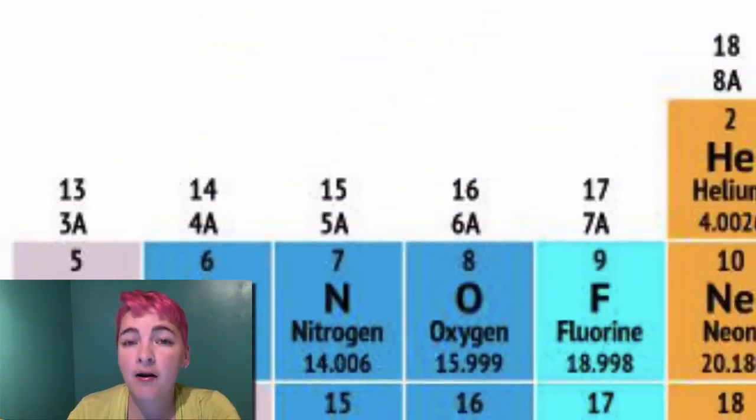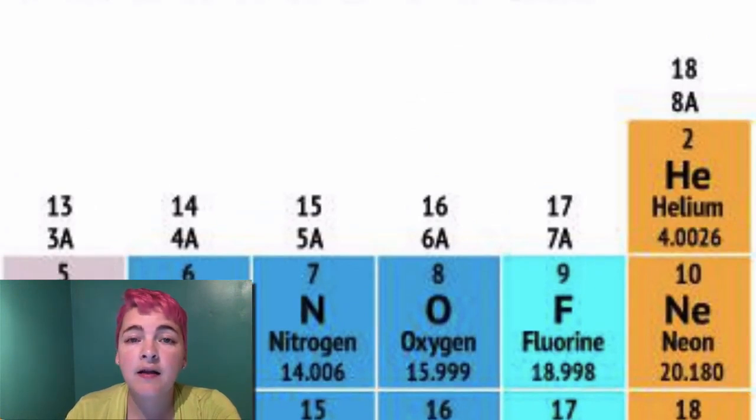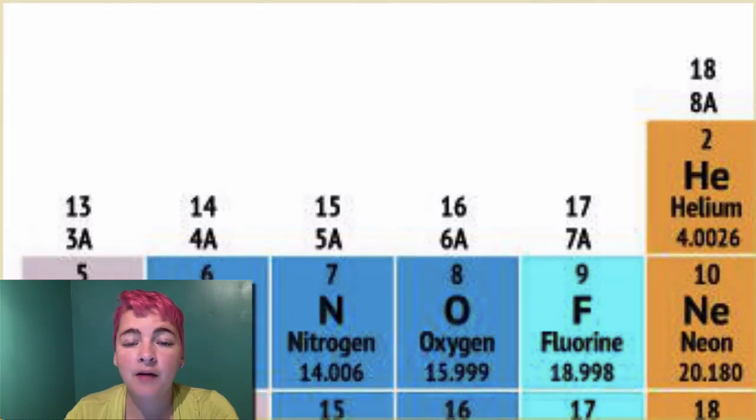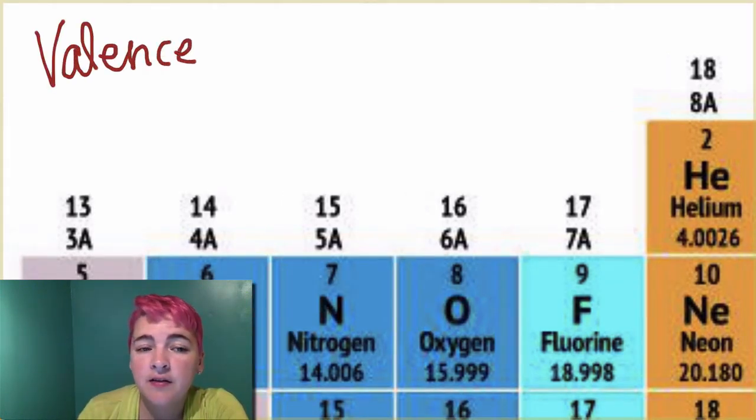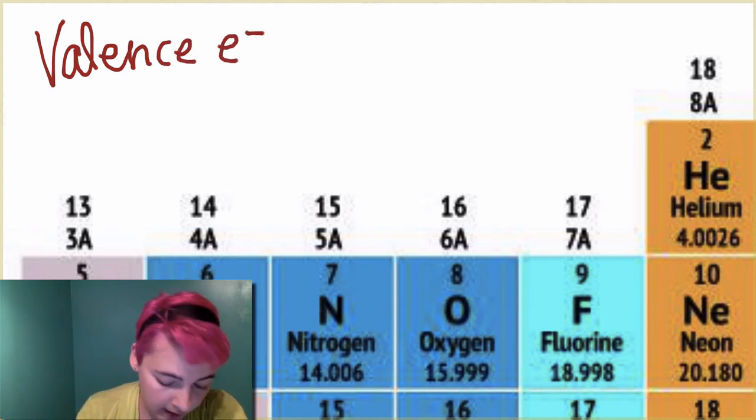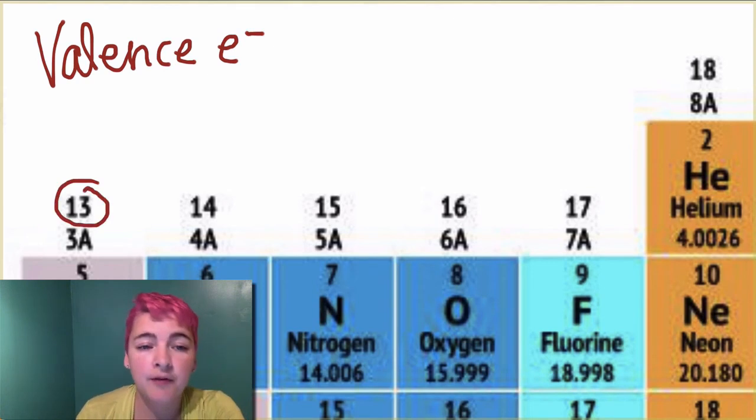When forming bonds between atoms, there are specific electrons that form those bonds. They're called valence electrons. We can tell the number of valence electrons in an atom by looking at the number above the column. Here we have the number 13. Then we have 14, 15, 16, 17, and 18.